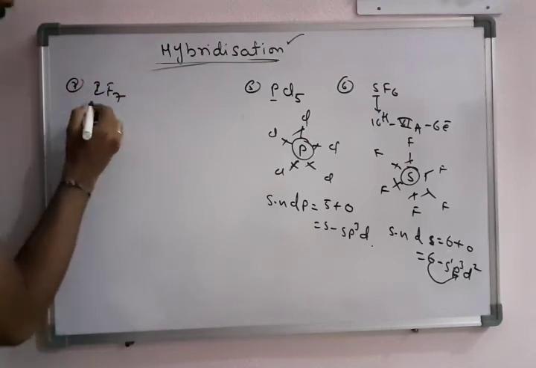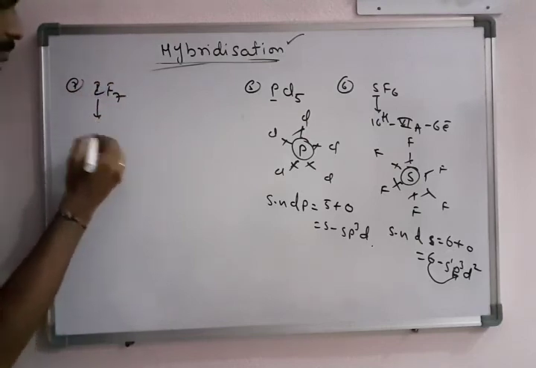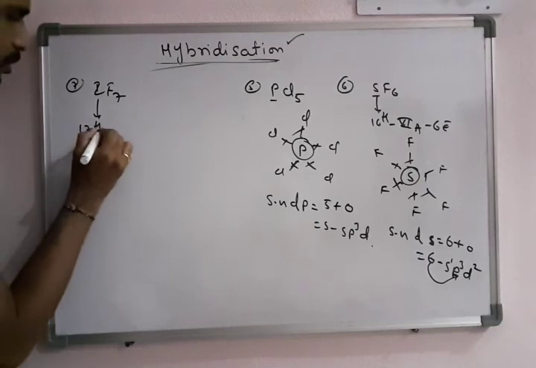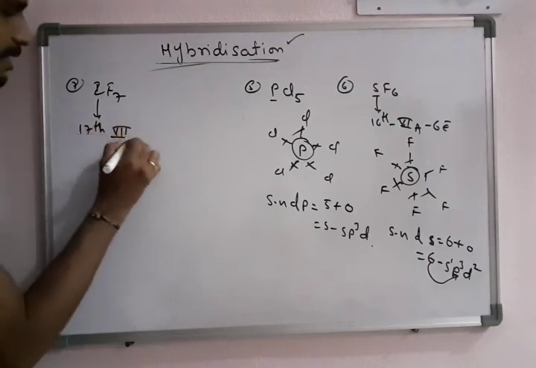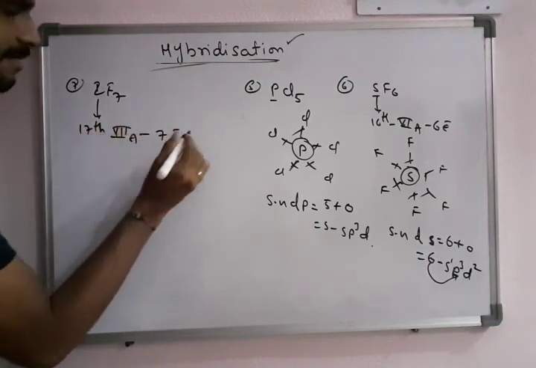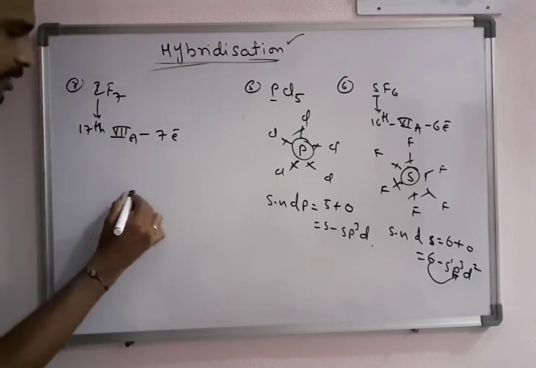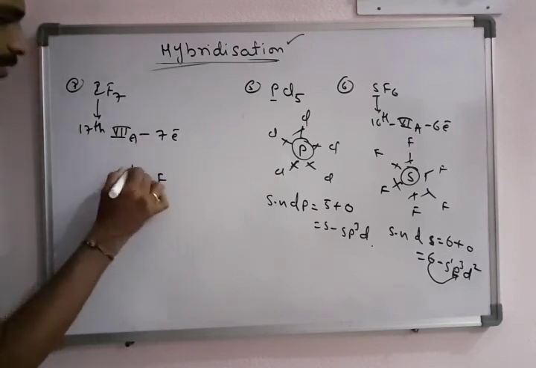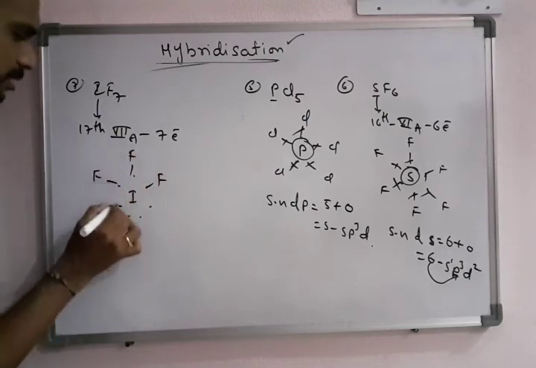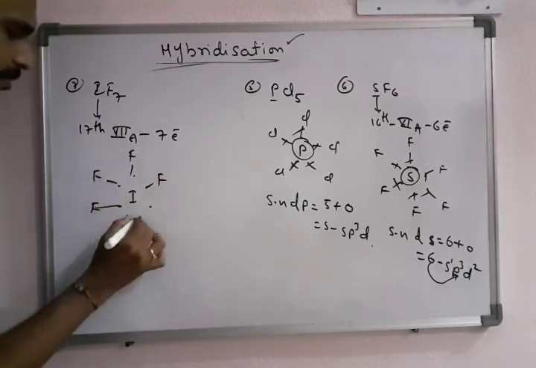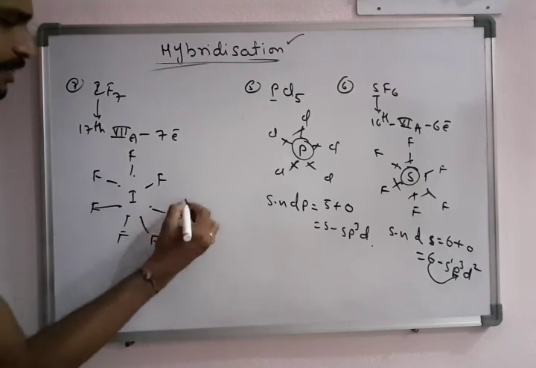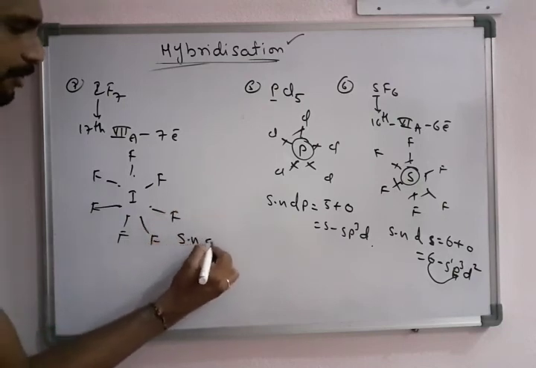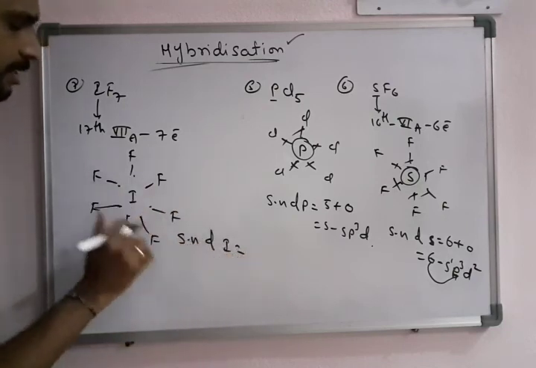For example, take IF7. Iodine belongs to the 17th group, the 7th A group, having 7 valence electrons: 1, 2, 3, 4, 5, 6, 7. It is bonded with 7 fluorines with single bonds to all of them. What is the steric number of iodine here?